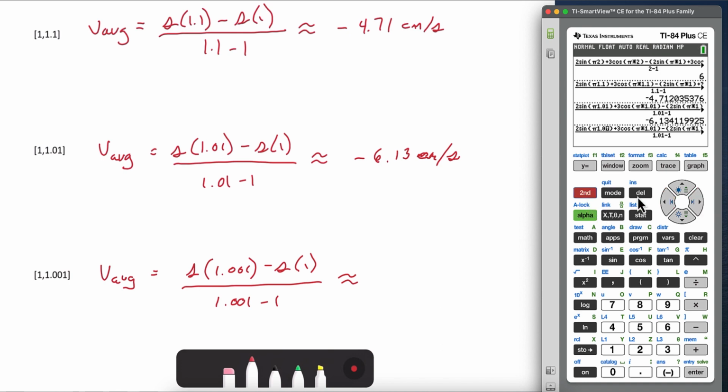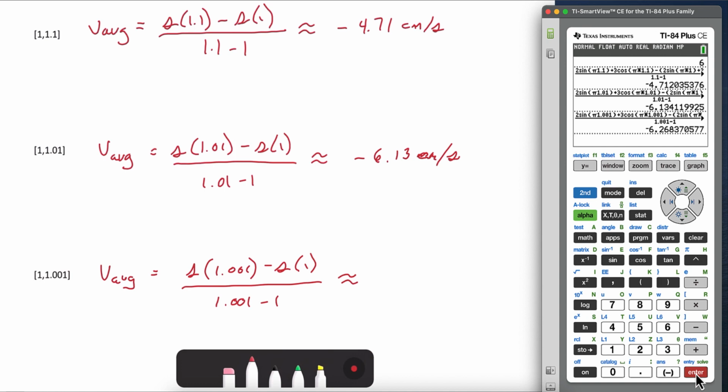Need to insert an extra 0 here, here as well. Then in the denominator, we also need to insert an extra 0. And now we're getting negative 6.27 roughly centimeters per second.